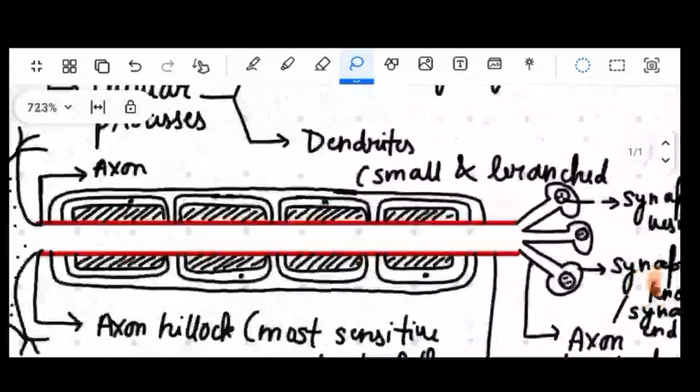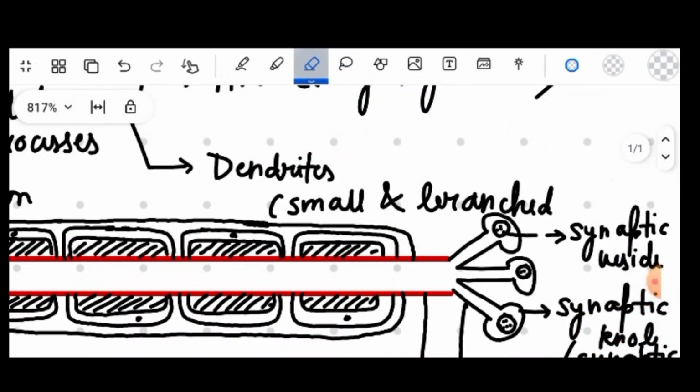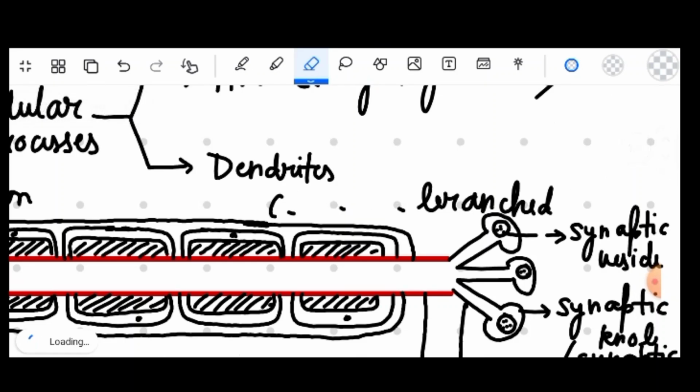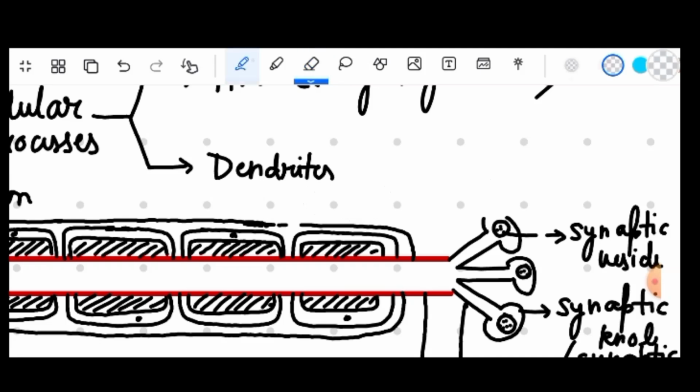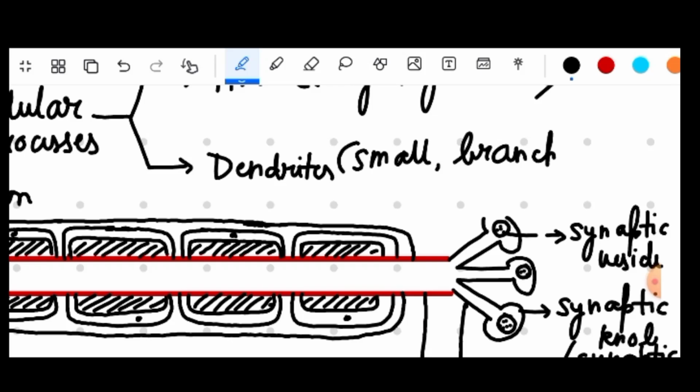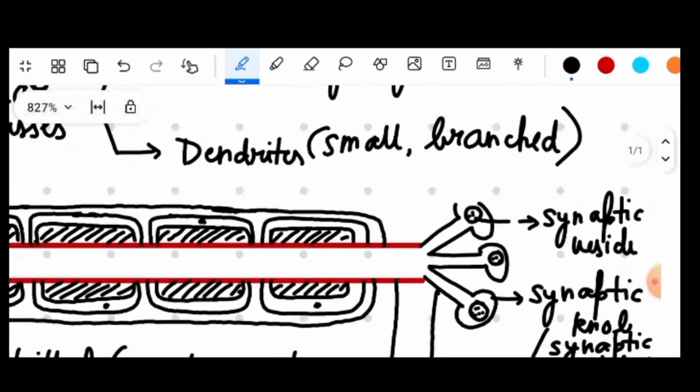No, not this way. Okay, we need to do something else. Okay, small and branched dendrites.